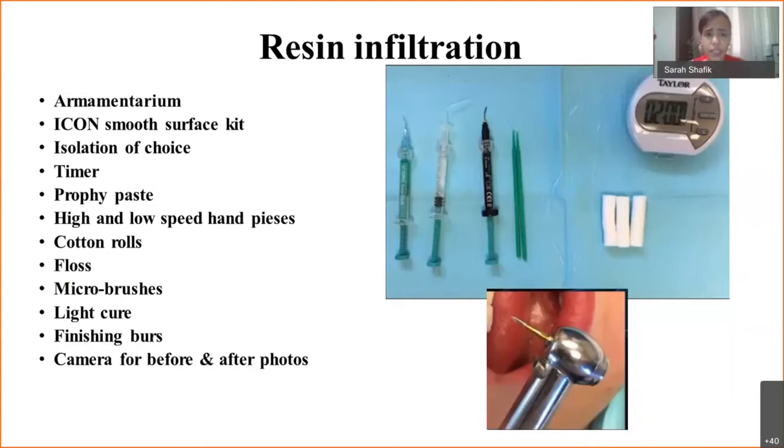Either use its own mini dam provided by the same company that provides the Icon, or you can go for cotton roll isolation. Definitely you're going to need a timer. Again, Profi paste and polishing brush, high and low speed contra-angle handpiece, paste, cotton rolls, floss, micro brushes, light cure, finishing burs, and definitely a camera to take pre and post operative photos.